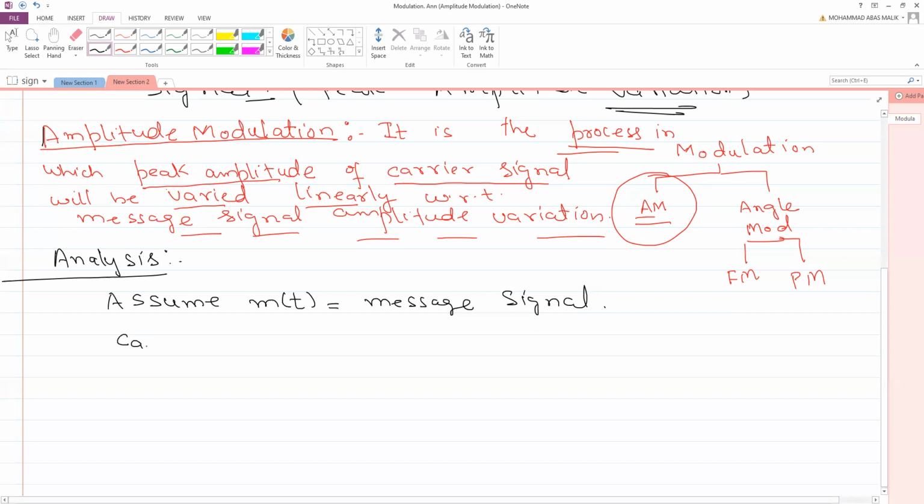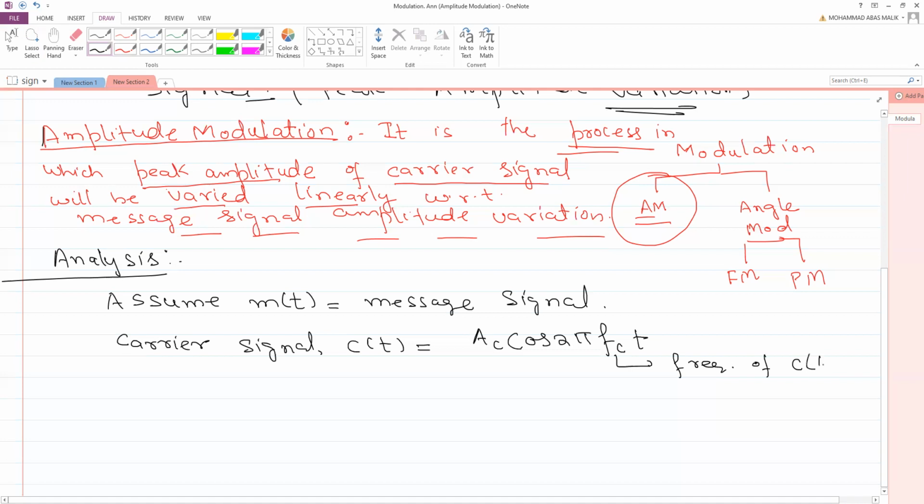I will write the expression for the carrier signal, denoted by c of t, and its value is equal to Ac cos 2 pi fc t. It can be cos or sine. fc is the frequency of the carrier signal.